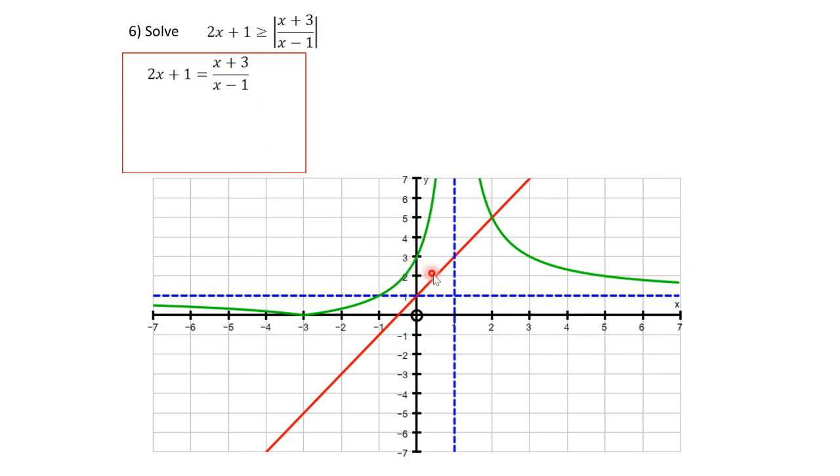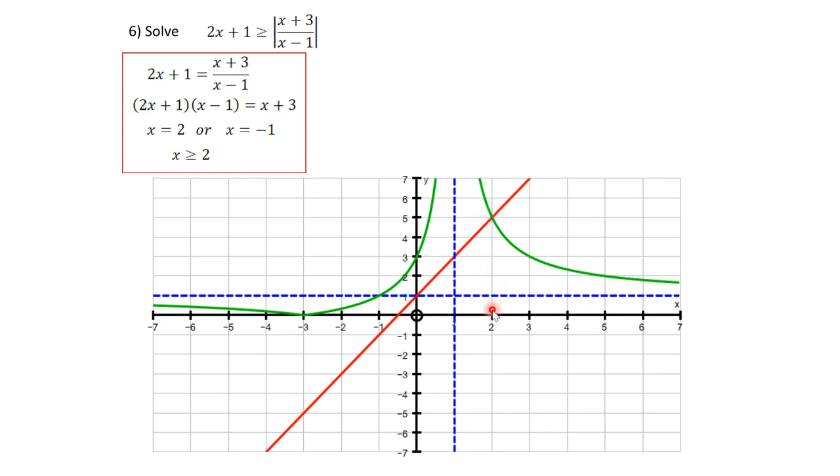If this straight line had intercepted this particular graph over here, where this part had been bounced, then you would have said, okay, hold on, it's going to be 2x plus 1 equal to the negative version of that graph. Then you solve for x, and you will always get 2 possible answers. You look and you see which one makes sense.